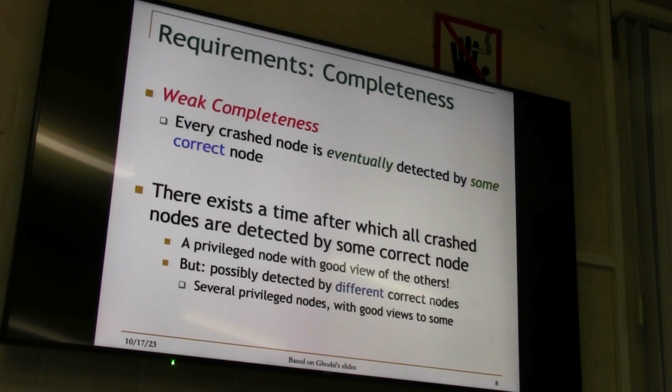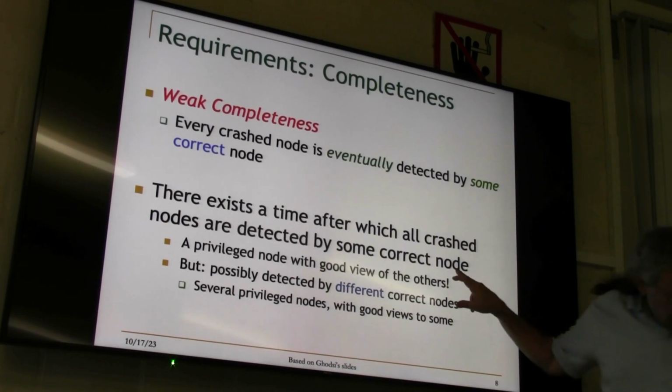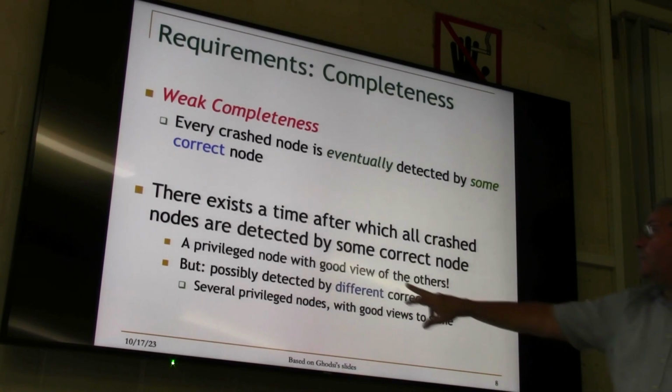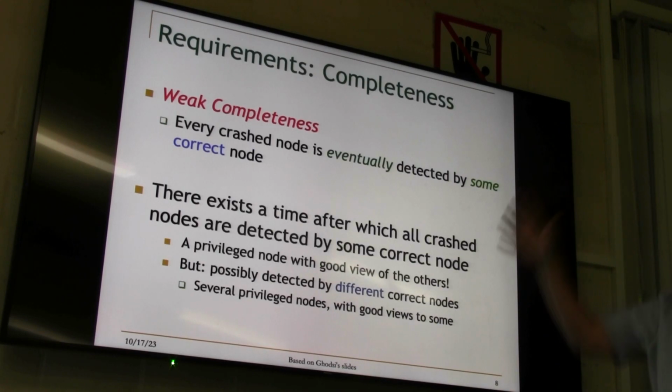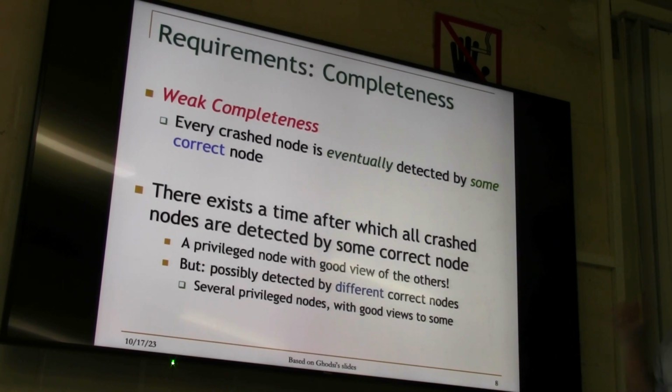But just to say what another possibility is: every crashed node is eventually detected by some correct node. That means there is some node that is somehow privileged. It sees all the others, and if a node crashes, it sees that. But many of the other nodes won't see it. The analogy is a football stadium with 100,000 spectators, and the players there.